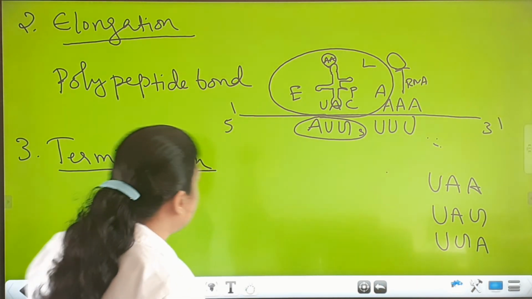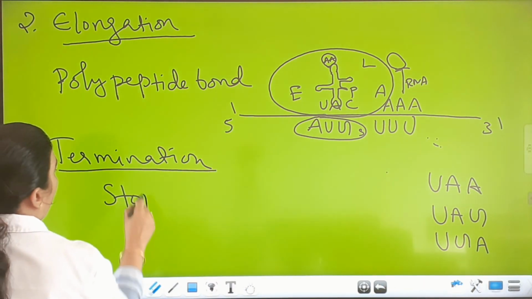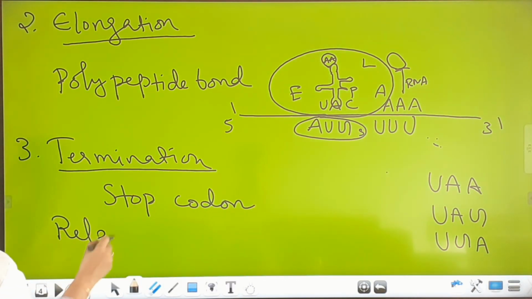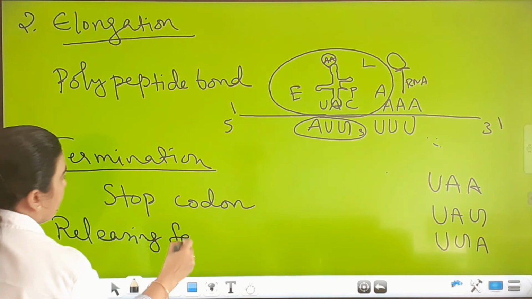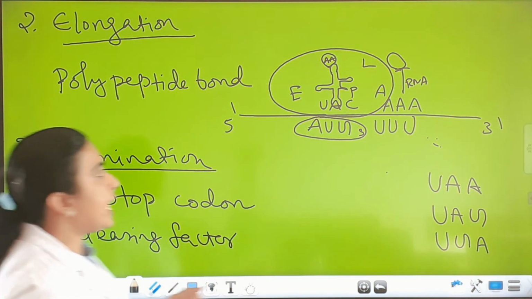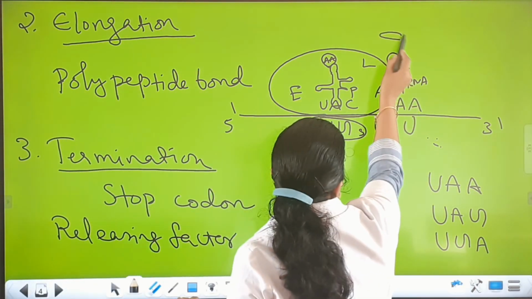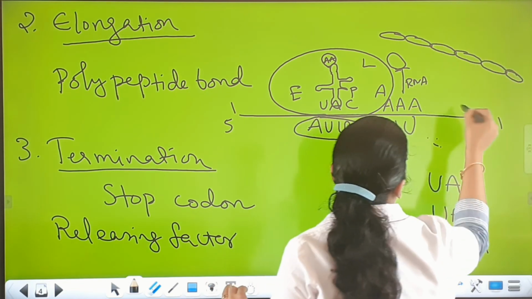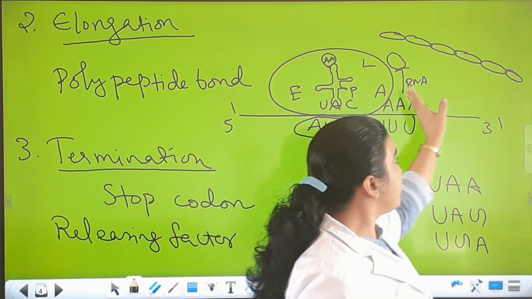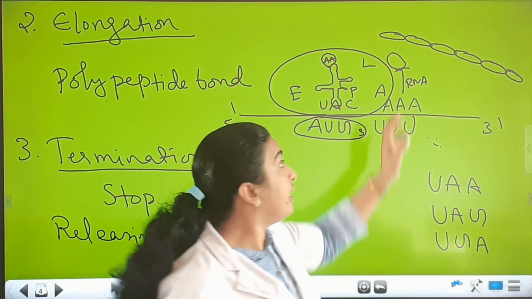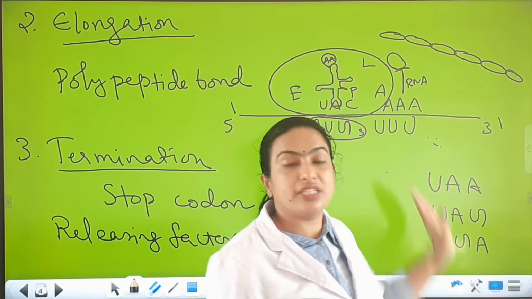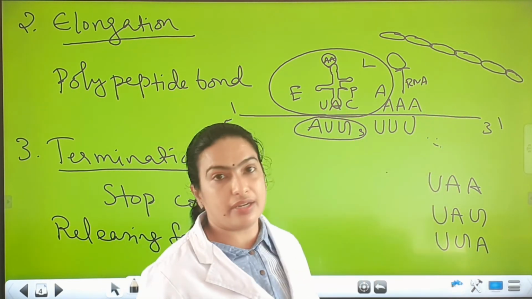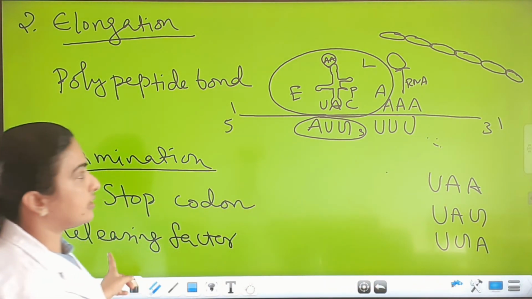And there is a release factor. So, stop codon. The peptide bonds are formed by adding the charged tRNA along the mRNA, and finally when it reaches the stop codon, it gets dissociated from the mRNA by this release factor.